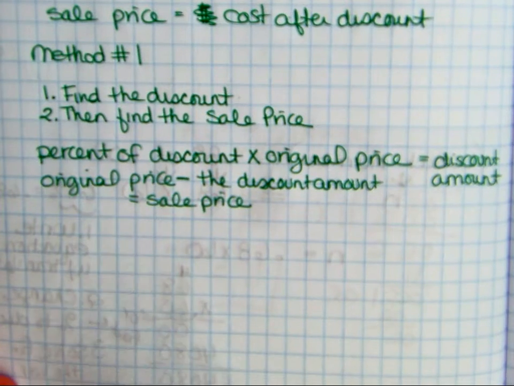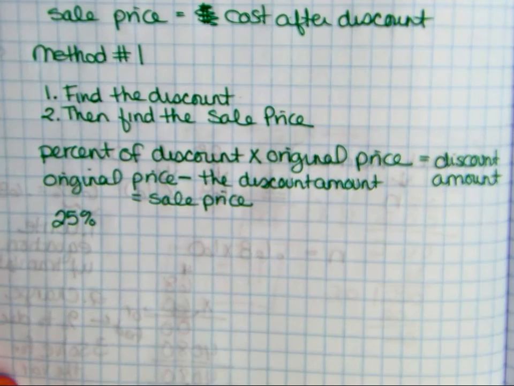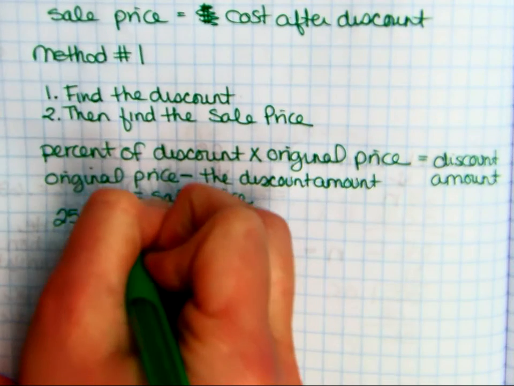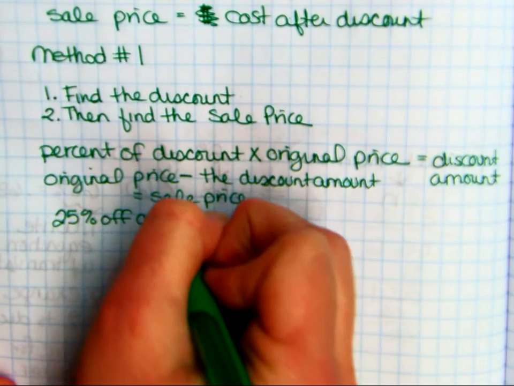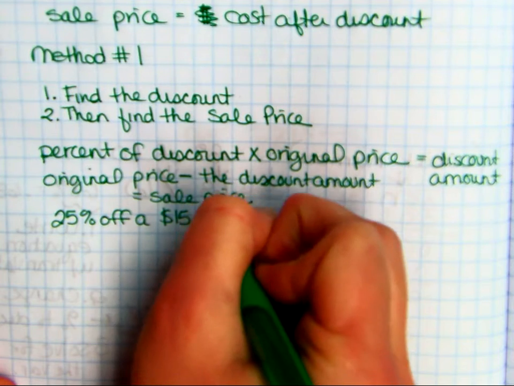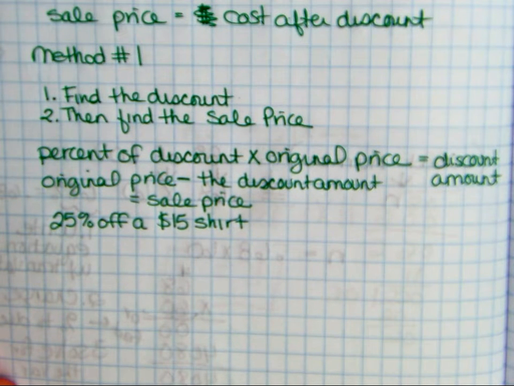So let's say you're at a store and you see an item that is 25% off a $15 shirt. So you want to buy a $15 shirt and it's 25% off, and you want to know what that's going to cost.